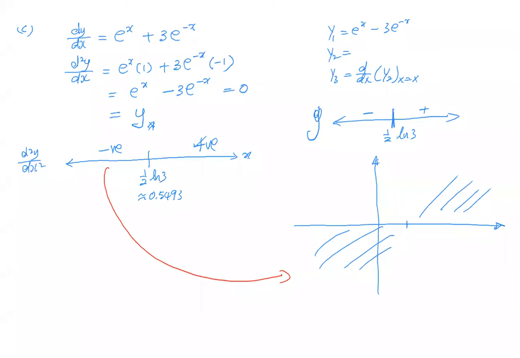Concave. And this part will be convex. So the graph will go like that. Am I right? So then this is your half ln 3.